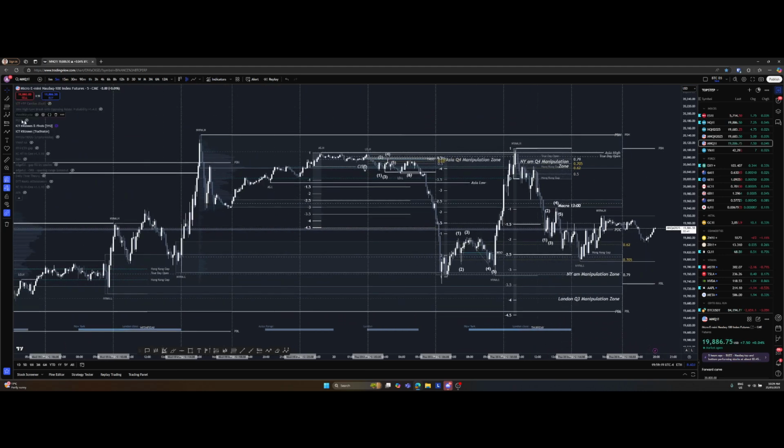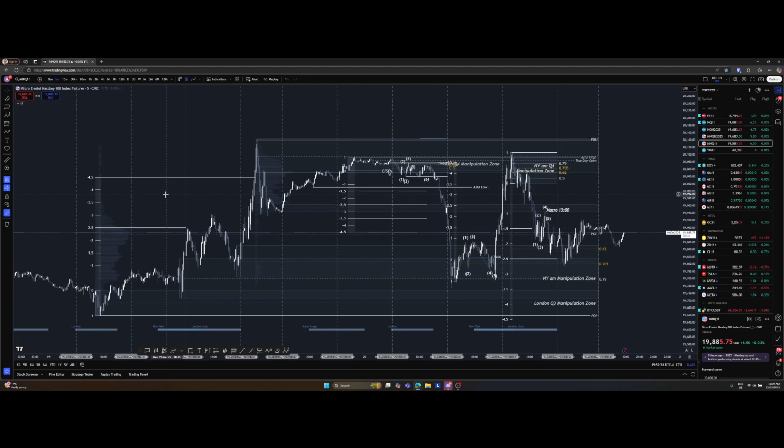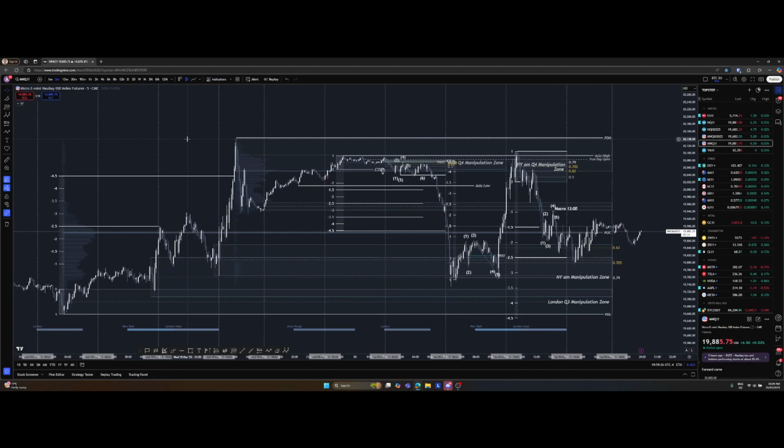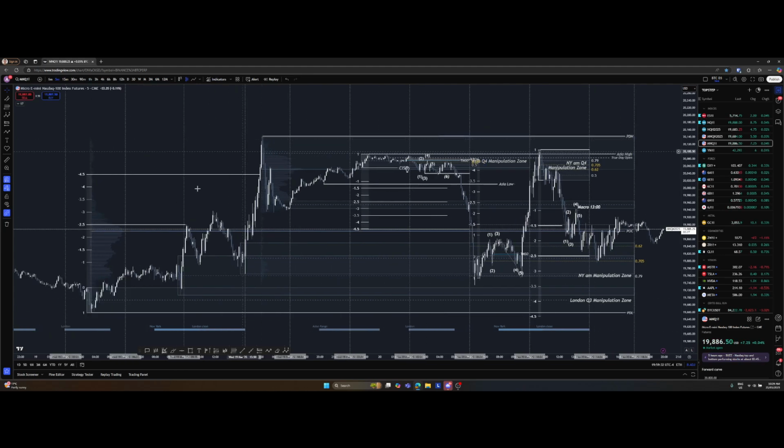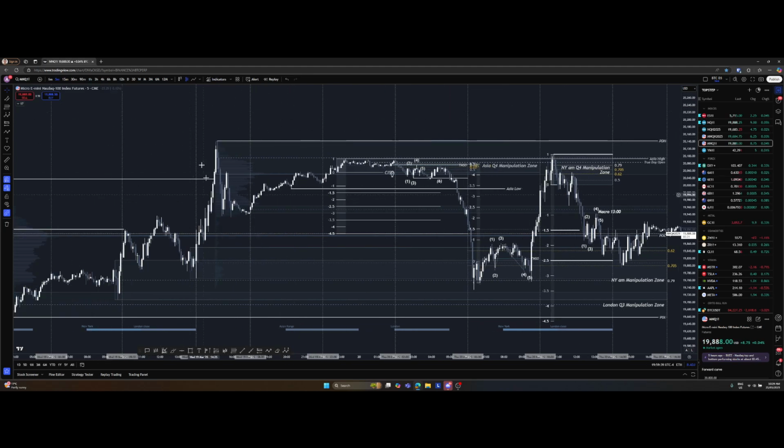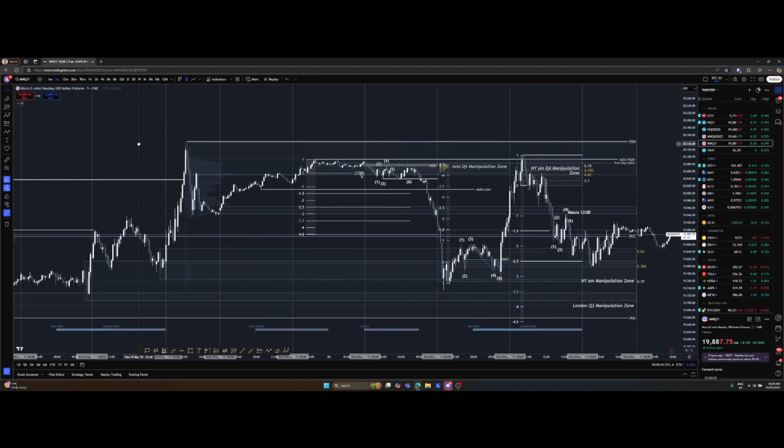Alrighty. Let's turn off this indicator and work our way through. So from our previous day levels, from that London low of the day, price had expanded into our New York PM session here. We've taken that SD 4.5, come back down.